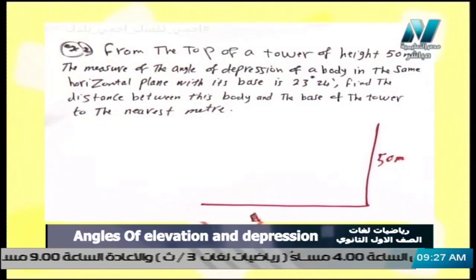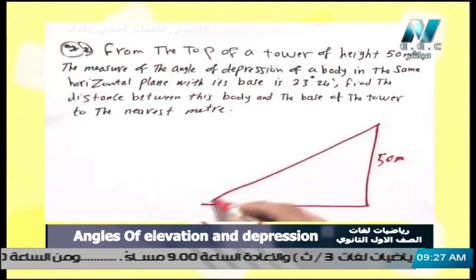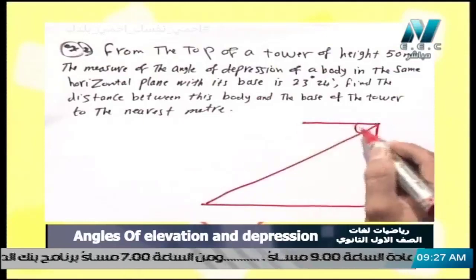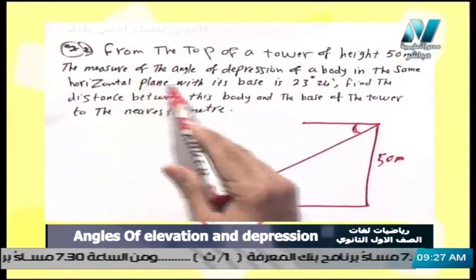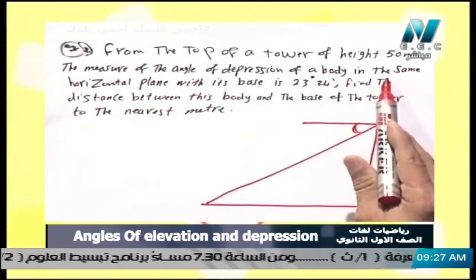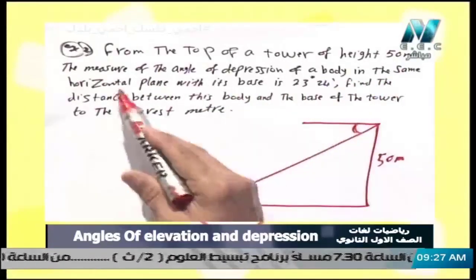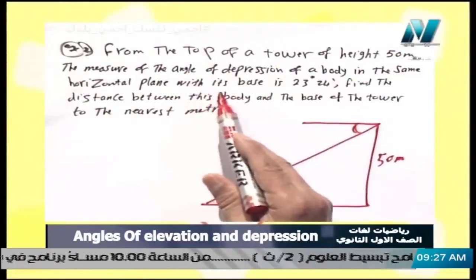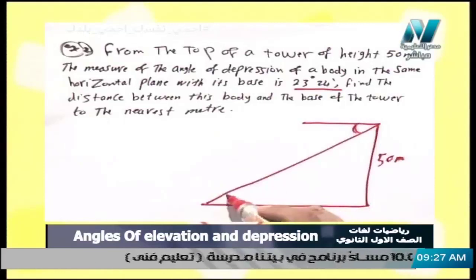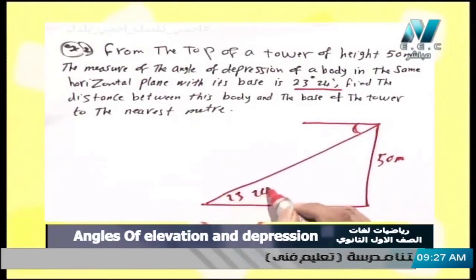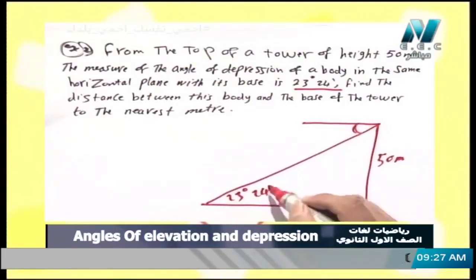The angle of depression here is this angle. The measure of the angle of depression of a body in the same horizontal plane with the base equals 23 degrees and 24 minutes.